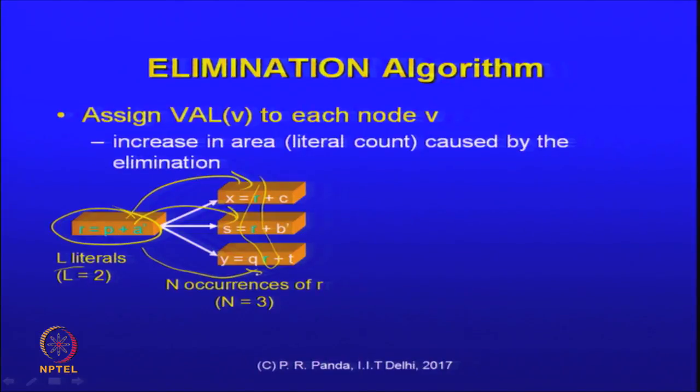So, in general, if this expression has L literals and there are n occurrences of R, so those are the places where we can eliminate that R from. Can we quickly quantify what is the difference in terms of number of literals for the whole circuit? How many more literals are there because of the elimination?